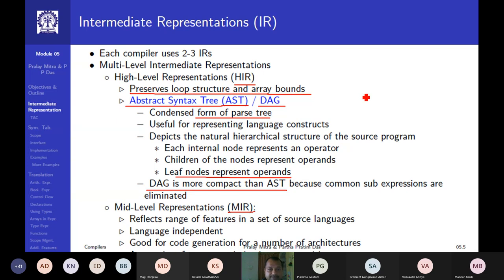Here, just to give some properties of HIR and MIR: compared to high-level intermediate representation, mid-level representation mostly looks for a range of features in a set of source languages, language independence, and it is good for code generation for a number of architectures.